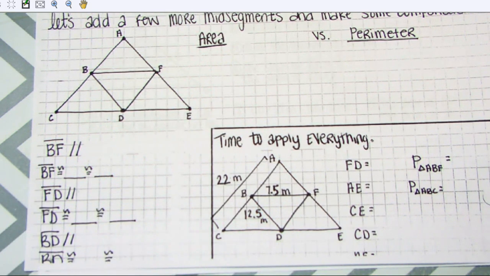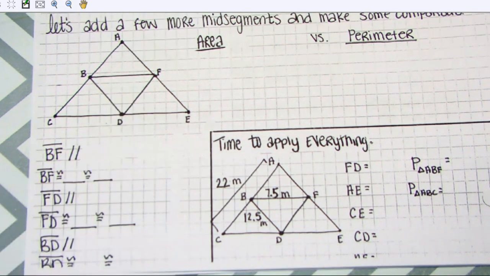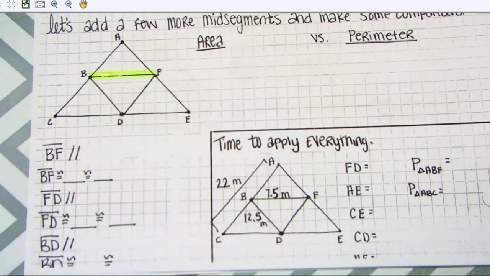I'm just going to start with this first one. BF is a mid-segment. What side is BF parallel to? Did you say DE? Oh, CE, yes.